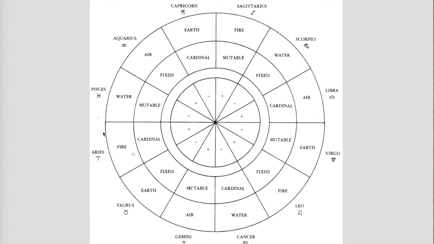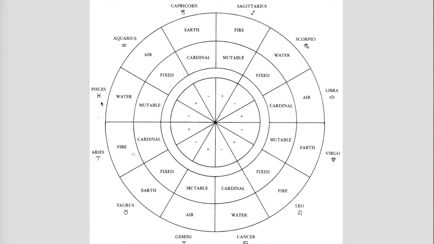We move from Aries down to Taurus, Gemini, through Cancer, Leo, and Virgo, and then we reach the horizon in the west, going up and over with Libra, Scorpio, Sagittarius, Capricorn, Aquarius, and then on to Pisces.